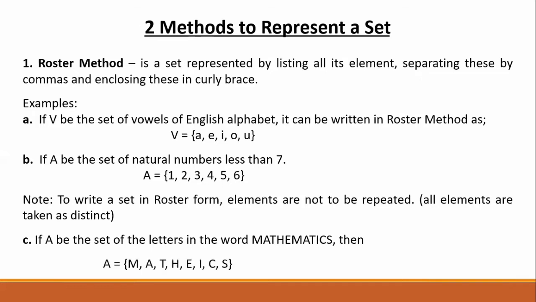M, A, T, H, E, I, C, and S. Once a letter has been mentioned the first time, it is not repeated, just like M, A, T. So we have the set A containing M, A, T, H, E, I, C, and S.